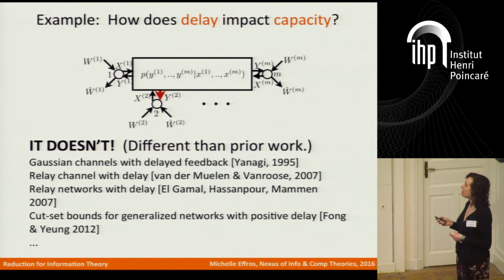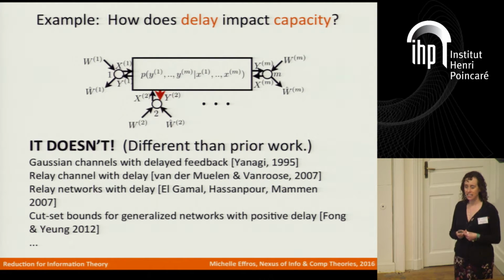Now, just to point out again, this actually doesn't agree with all of the prior results. That is, some of them either prove or suggest that delay has an impact on capacity. In cases where they're suggesting it, it's sometimes because their bounds are loose. In cases where they're proving it, it doesn't turn out to contradict. It turns out that they're violating causality, sometimes in subtle ways, inside the way that they use these networks.